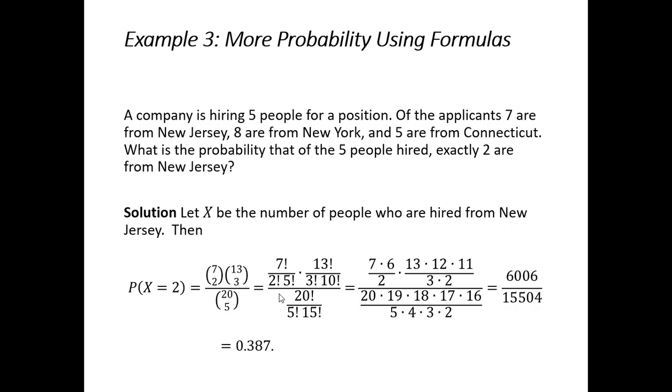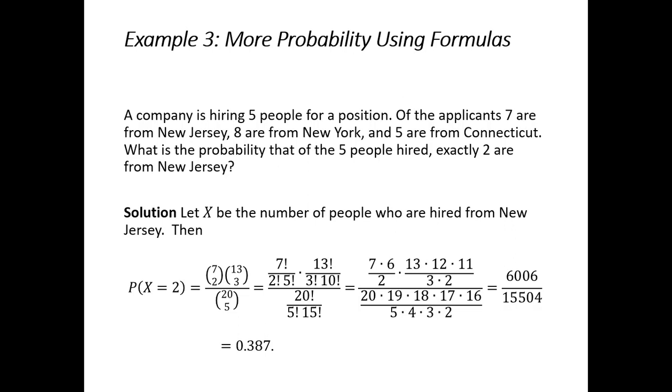What's the probability that of the 5 people hired, exactly 2 are from New Jersey? So we could define a random variable x as the number of people who are hired from New Jersey, and we're interested in calculating the probability that x is equal to 2.